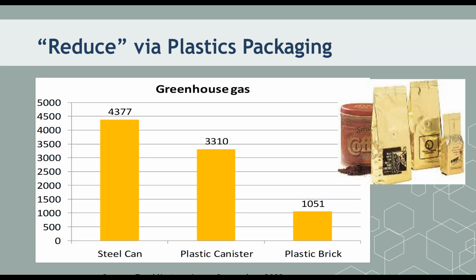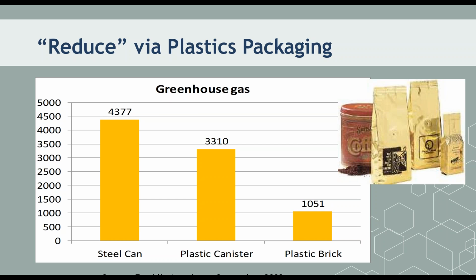Something that some of you may be familiar with is life cycle assessment. This is from Franklin and Associates, who actually back in 2008 did a life cycle assessment, and they looked at different kinds of packaging. They looked at coffee, which is this example. They also looked, I think, at milk and tuna were the other two.